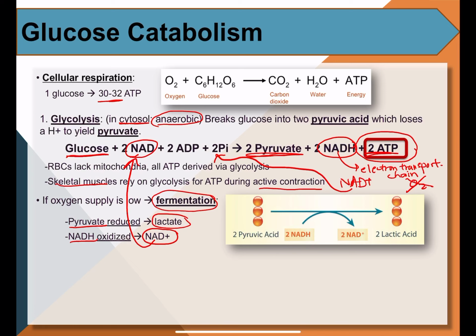Without this oxidizing step, you cannot do any more glycolysis. You have to free up your NAD+ in order to do more burning of your glucose molecule and turn that into ATP. If glycolysis stops, then no ATP can be made.